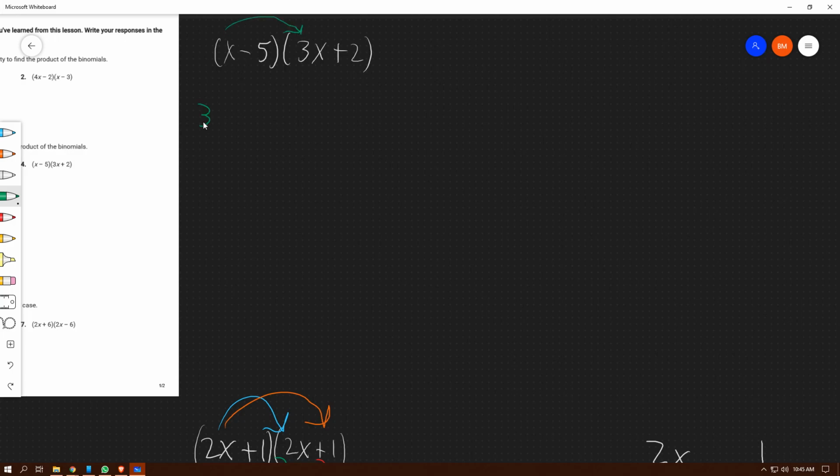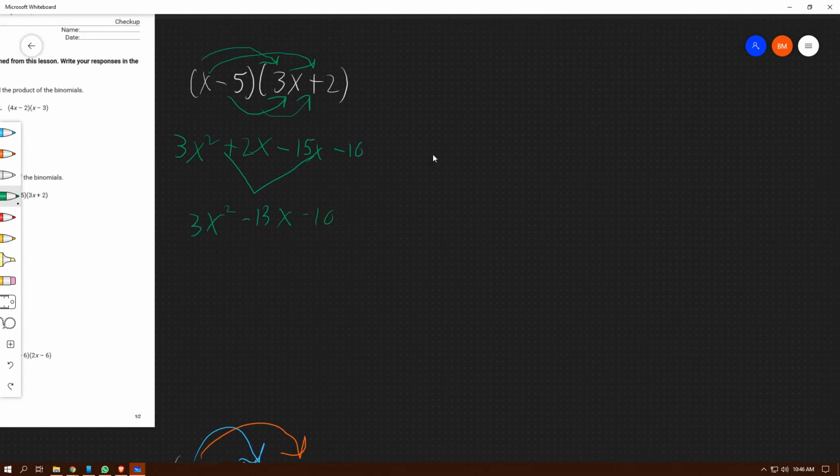X times 3x is 3x squared. X times 2 is 2x. Negative 5 times 3x is negative 15x. Notice how I'm skipping a step, which is fine. You can always go back to the other examples for the full steps. Negative 5 times 2 is negative 10. Combine my like terms here. 3x squared minus 13x minus 10. Shebang.